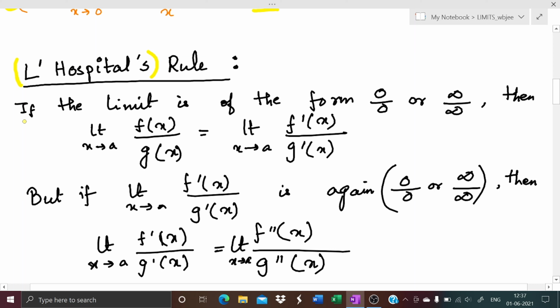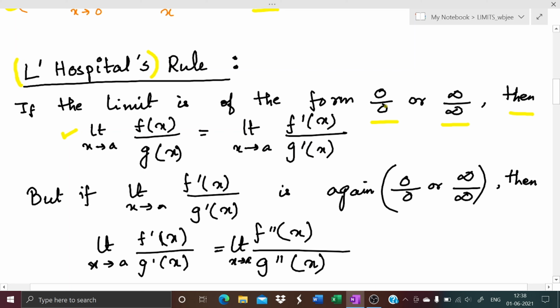It says that if the limit is of the form 0 by 0 or infinity by infinity, and you have to find the limit as x tends to a of f of x by g of x, where f of x tends to 0 as x tends to a and g of x also tends to 0 as x tends to a, then this can be written as the limit as x tends to a of f dash x by g dash x.